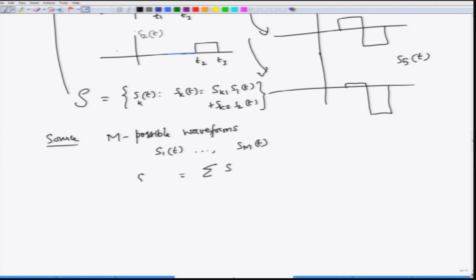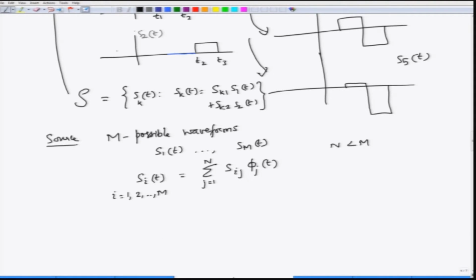If I am looking at the ith waveform Si of t, where i is equal to 1, 2 up to m, if I can write this Si of t as a linear combination of n signals, Sij phi j of t, with n less than m, then this Si of t can be very uniquely specified by Sij components.